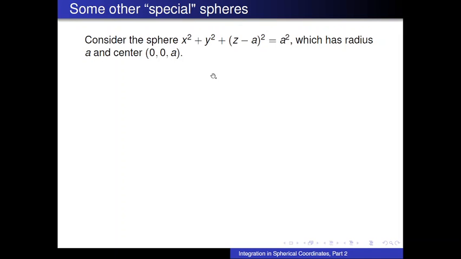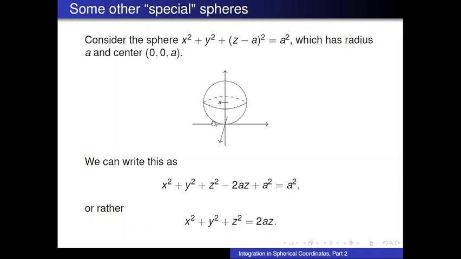Then if we multiply out (z minus a) squared, we can write the whole expression as x squared plus y squared plus z squared minus 2az plus a squared equals a squared. And notice here we've included the picture for your convenience: this one is centered at the point (0, 0, a) and has radius a, so it grazes right against the origin there at the bottom.